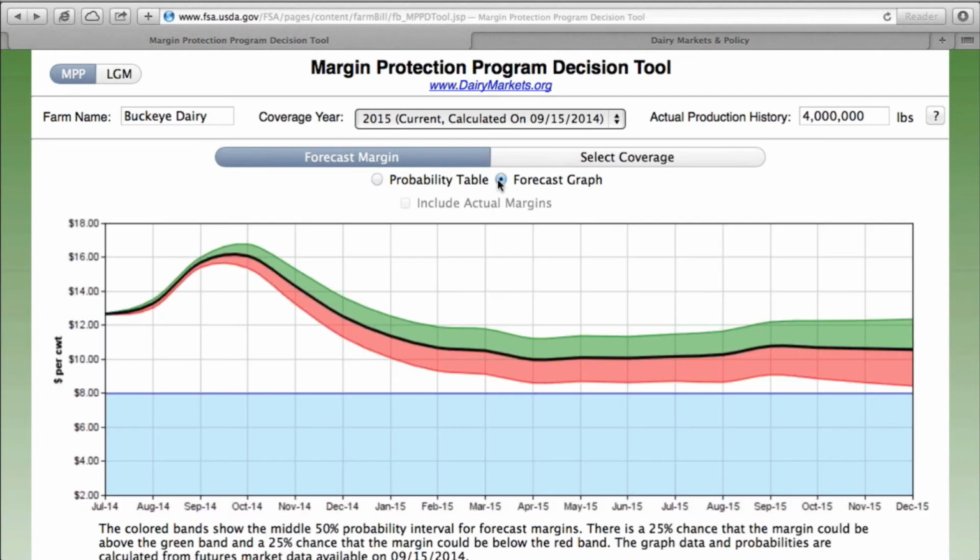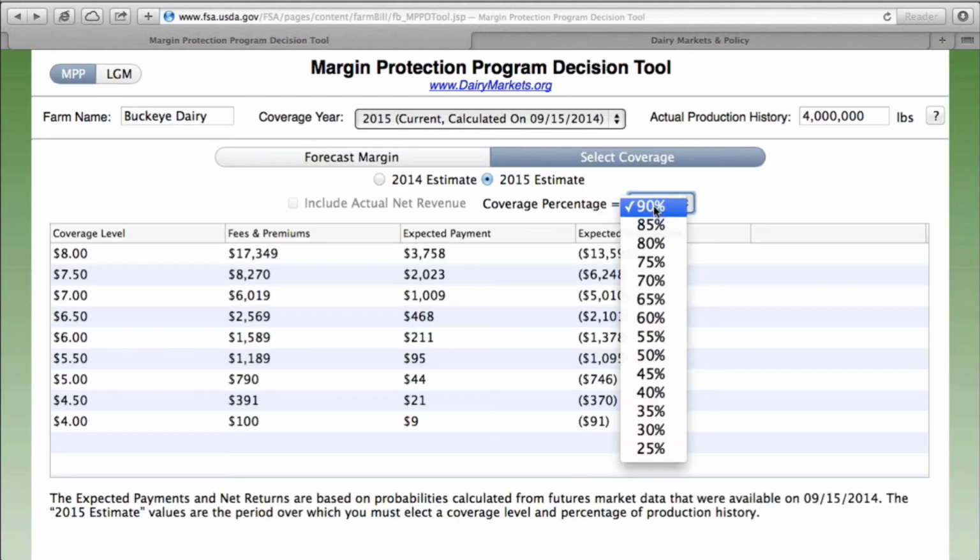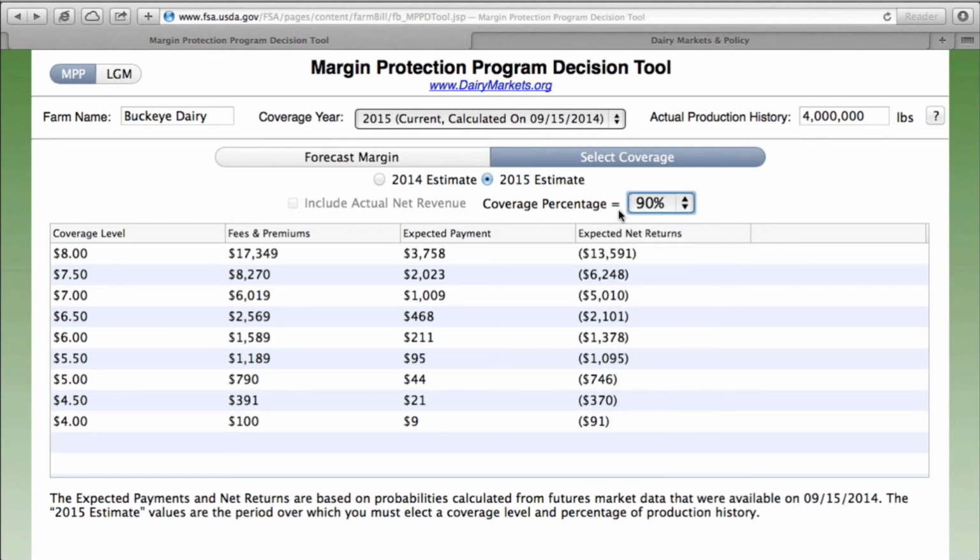Go back to forecast graph. Let's go to select coverage. Here, farmers can use the drop-down box to change their coverage percent from 25 to 90%. And they can look at what it's going to cost to buy this coverage level and what my expected MPP payment is, based on the probability that MPP payments could be made.